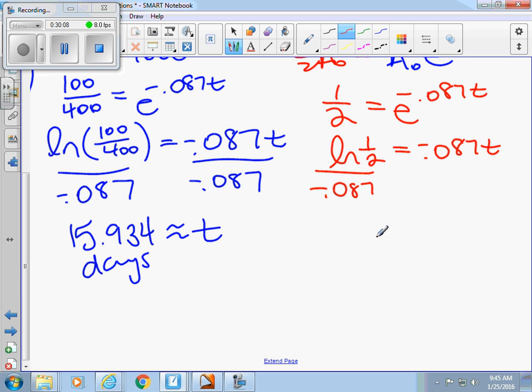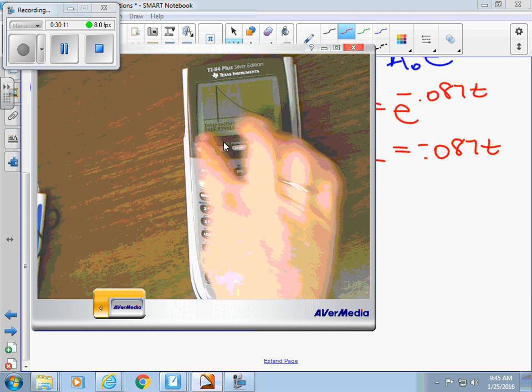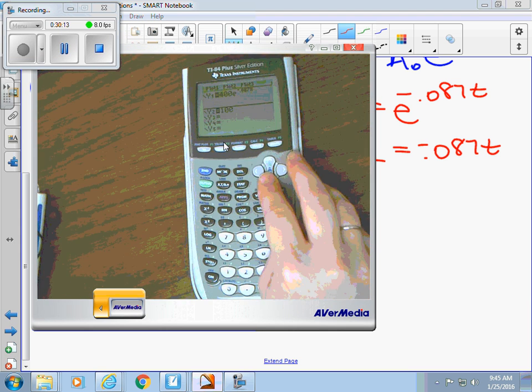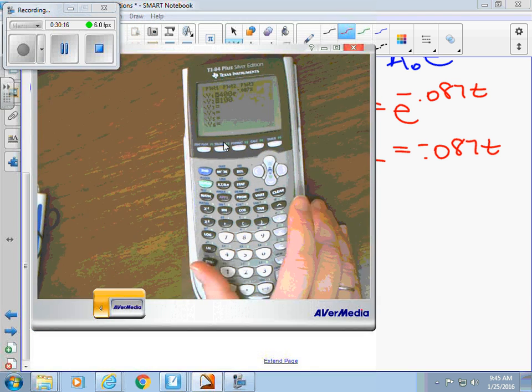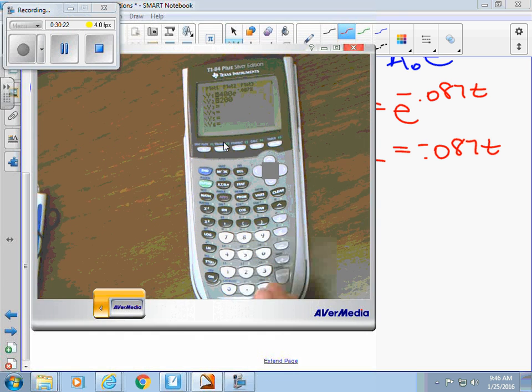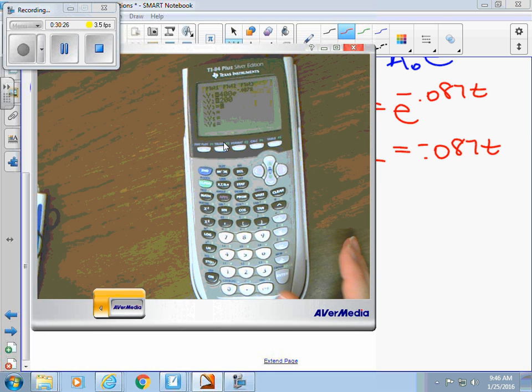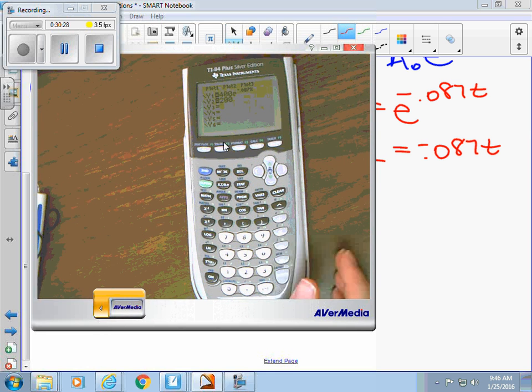The other way to do that would be to go to your calculator, go to y equals, and type, what would I type in for y2 to find a half-life if my initial sample was 400? 200. If they don't give you an initial sample, make one up and then put half of it. Right, put 400 and 200, 150 and 75, or 10 and 5.